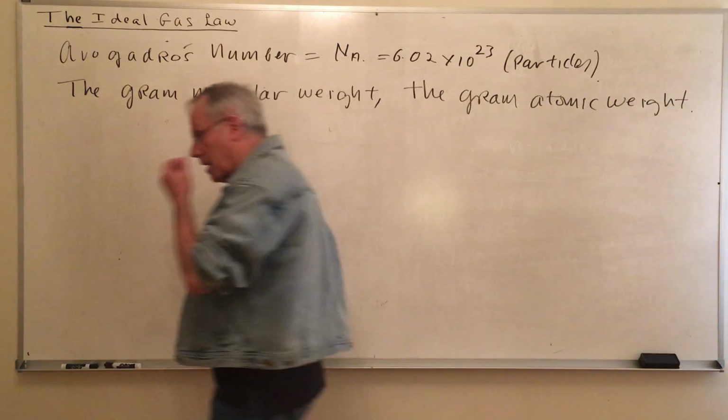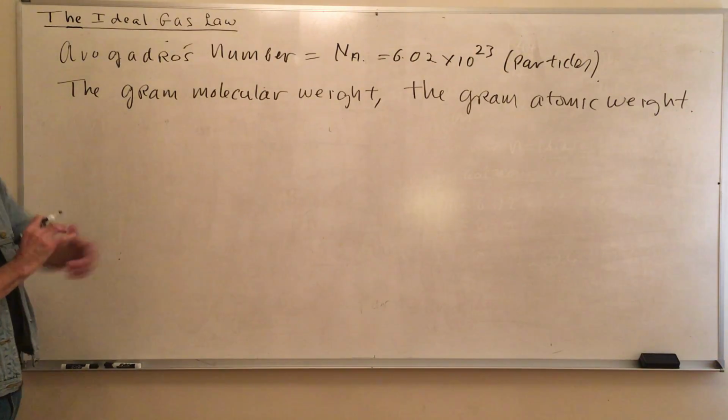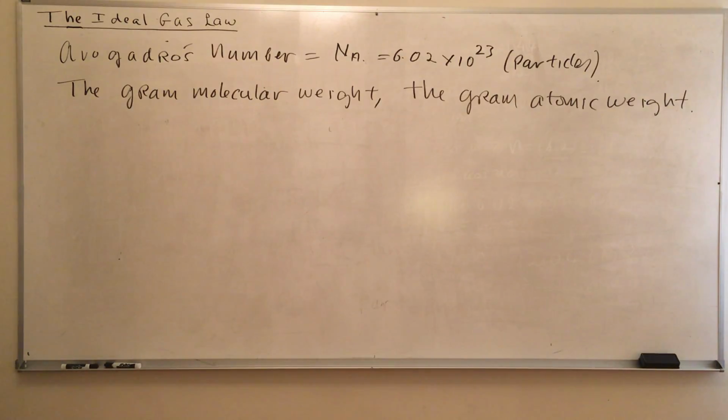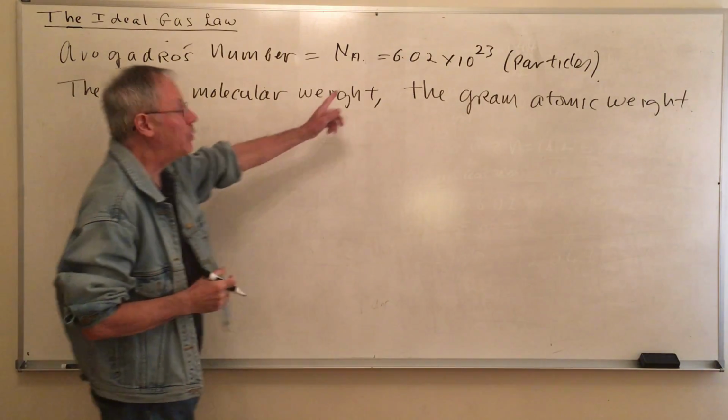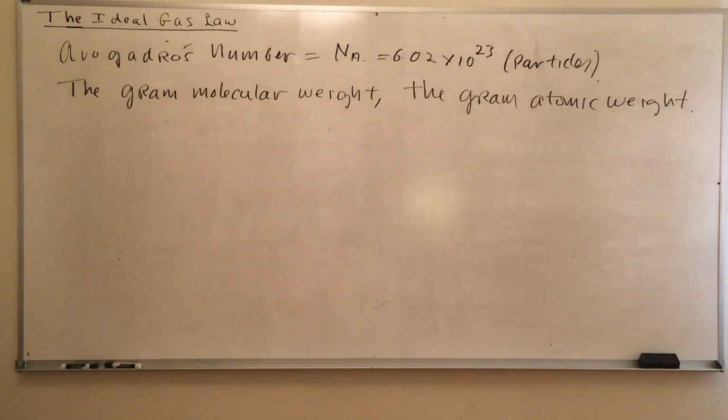Gram is an arbitrary amount of matter. If we were choosing the pound or the kilogram atomic weight, n would have a different value. If we were using an ounce, n would have a different value. We could use an ounce, avoirdupois. We could use all sorts of units, but we're using grams.